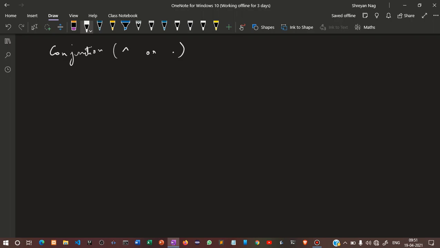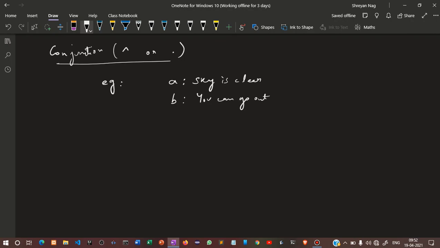An example of a conjunction statement is, suppose A is "sky is clear," then with variable B, "you can go out."